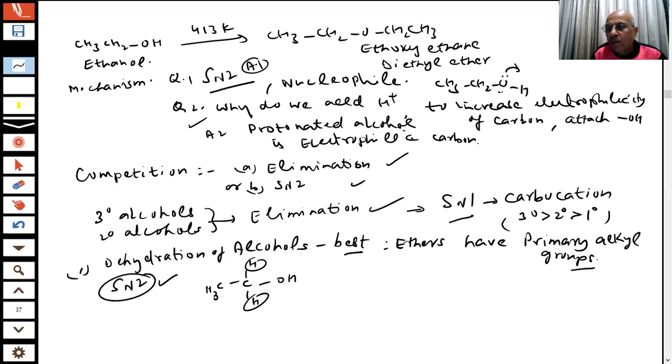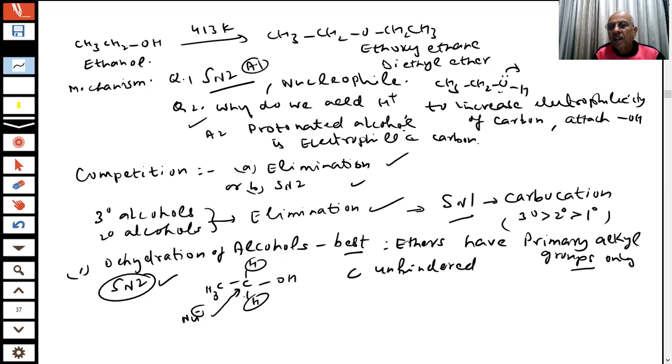Primary alkyl groups only, because there will be less steric problem, since this carbon should be unhindered. It should have small groups, then only the nucleophile can come and attack. If this is surrounded by big groups, then what will happen?